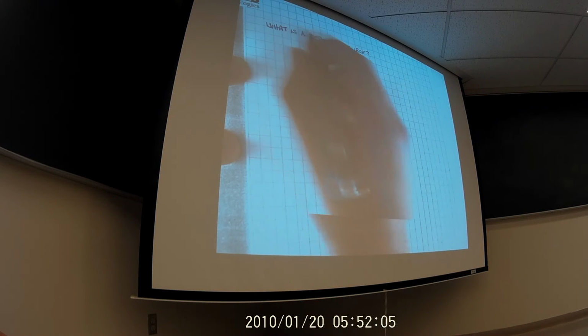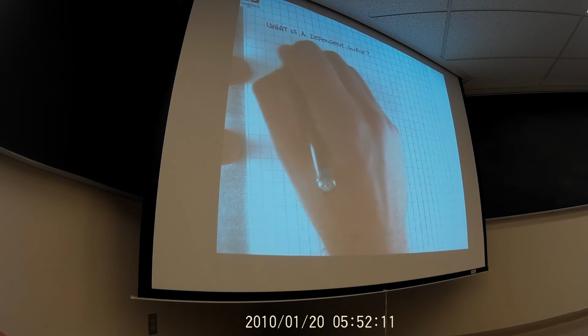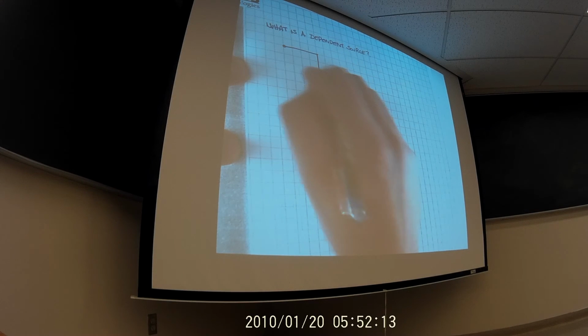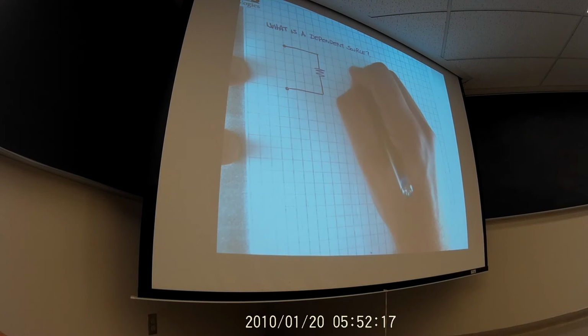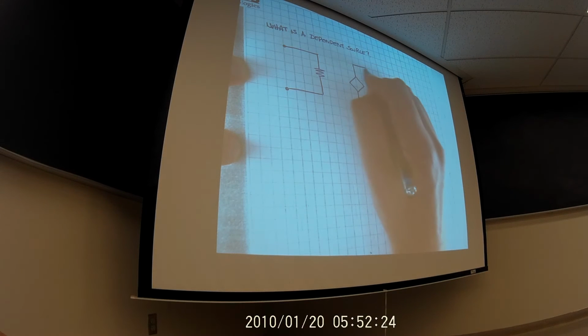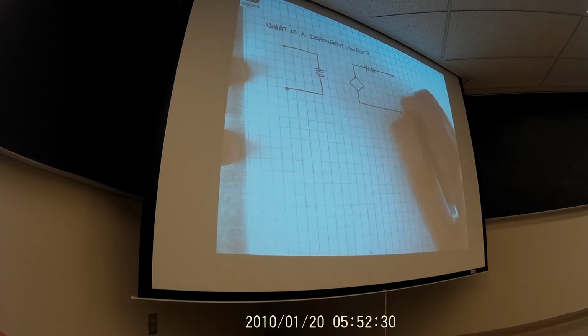The most basic description for a voltage dependent voltage source looks like this. We have a little mini circuit over here. Then we have an electrically disconnected second circuit over here. Okay, so this is V out, I'm going to call it.